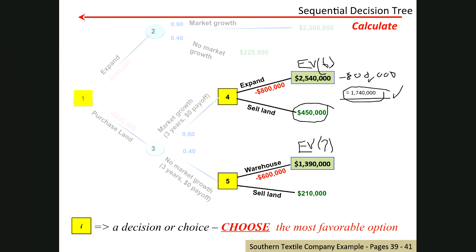And so the expected value for location 4 is that 1.74 million. And we'll repeat that same process to compute the expected value for our location 5. And of course, we're going to choose between 1.39 million minus 600,000.